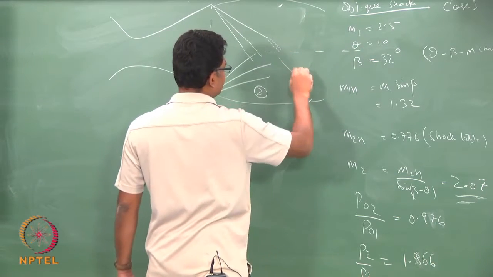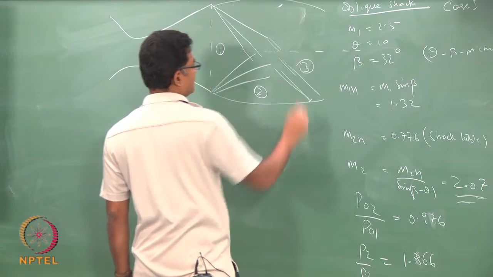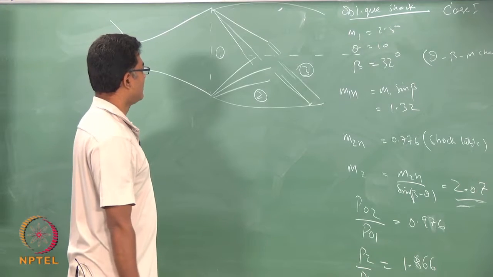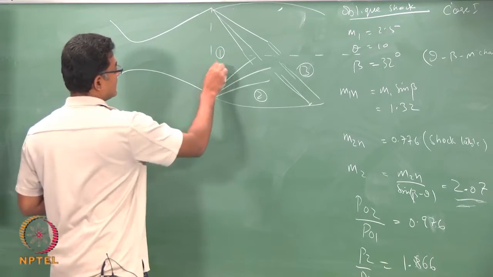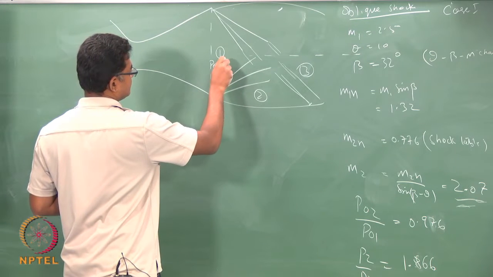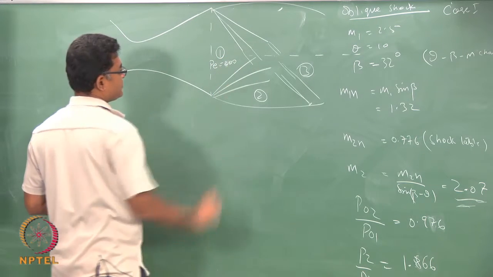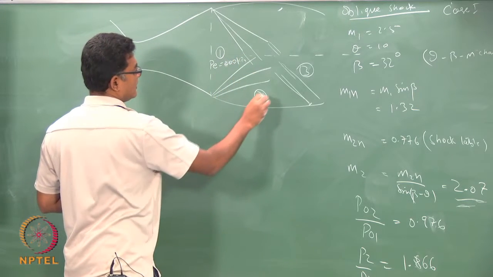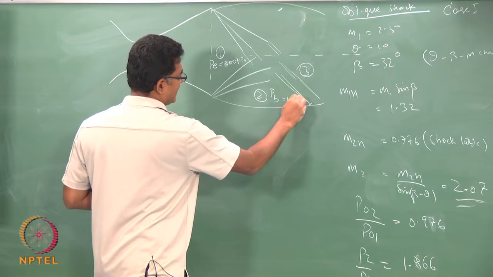Assuming symmetry, there would be some other expansion happening here, it would be region 3 and so on. We will do a small problem in which this pressure is 200 say kilopascal, and this is let us say 100 kilopascal.